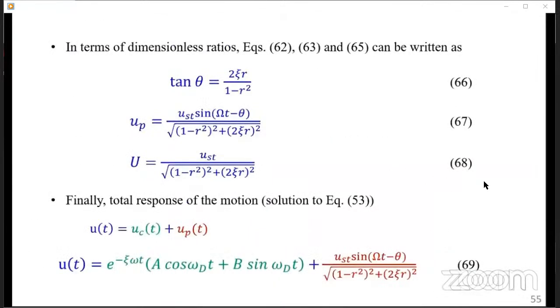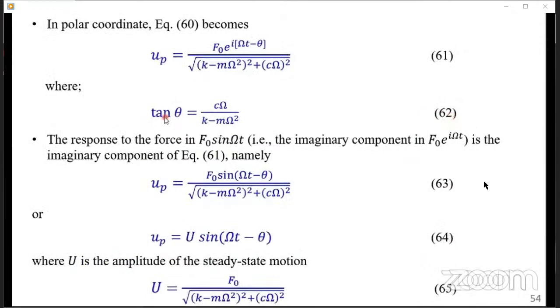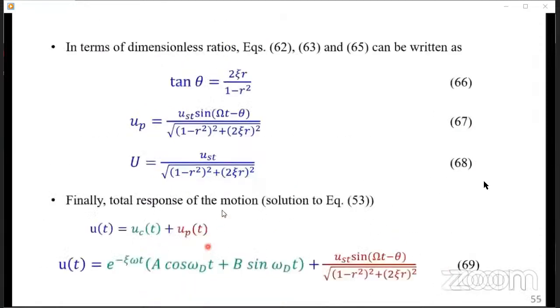Now, in terms of dimension and quantity, it's always good. When you find us expressing in terms of ratios, it's because we want to deal with dimensionless quantities. Equations 62, 63, and 65 can be written as, so let's see, what is 62? 62 is this one where you have the angle theta. 63 is the response, and 65 is the amplitude of steady state motion. So we are using ratios.